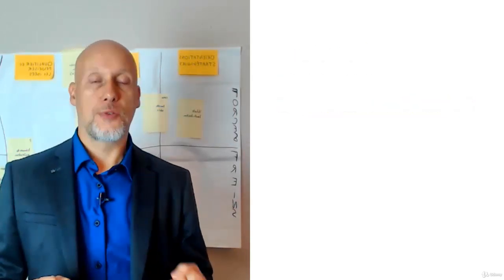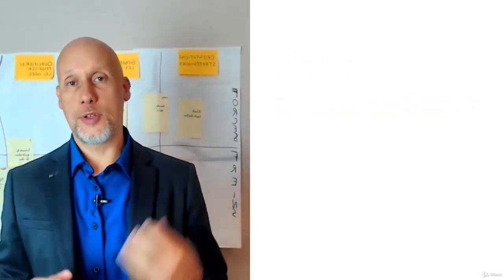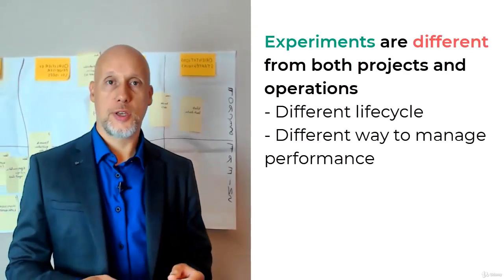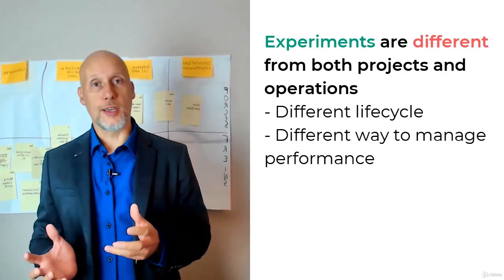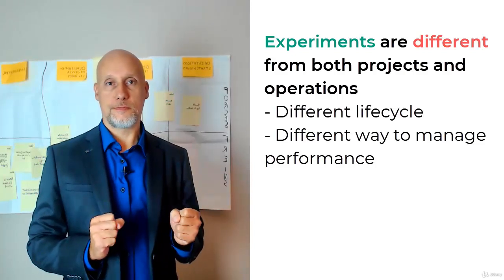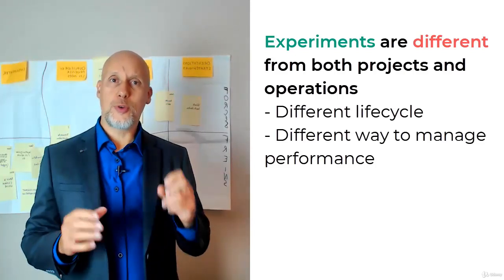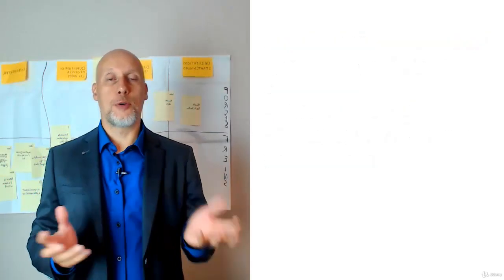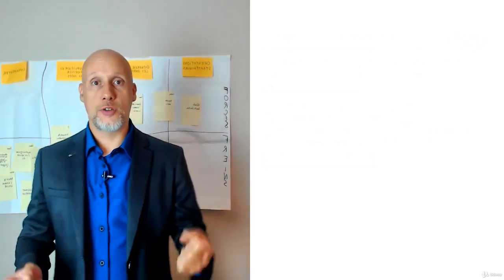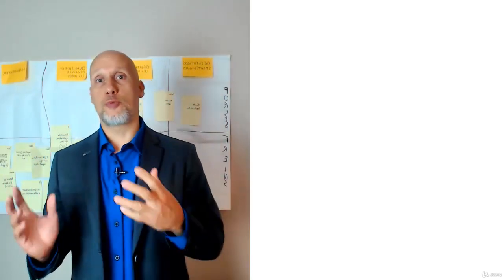Well, first we have to understand that experiments are different from both projects and operations in terms of way of working and in terms of how to assess performances. It would be very tempting to believe that experiments is just a type of project. After all, you have maybe IT project, business project, compliance project, and so on.